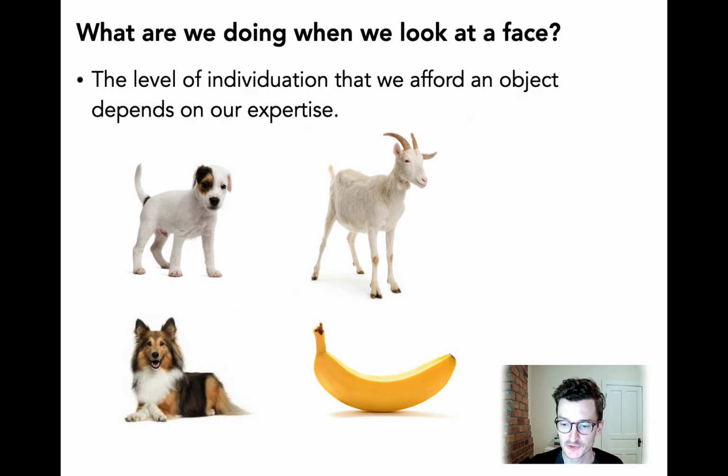And so one counter to the idea that the fusiform face area is an area that is specialized for face perception is that it's actually just an area that's specialized for perceiving things that we've become experts at perceiving. And indeed, this area has been studied in bird watchers.